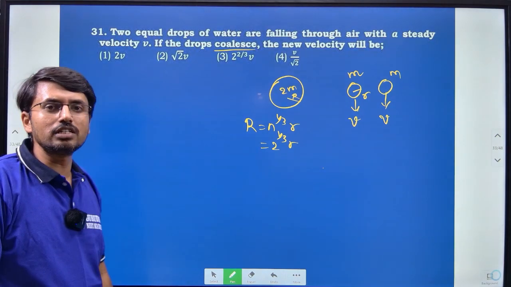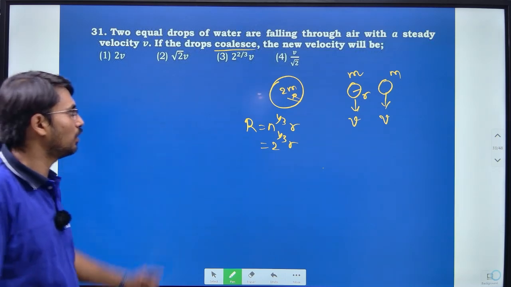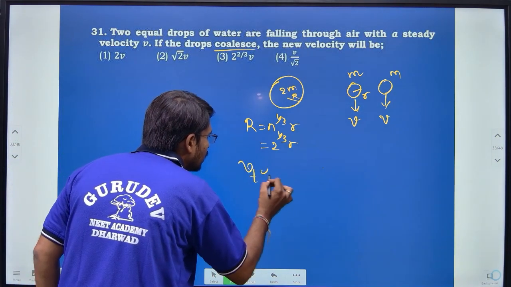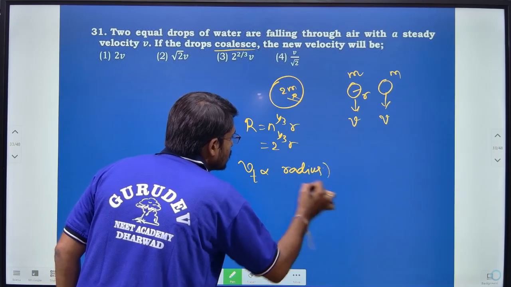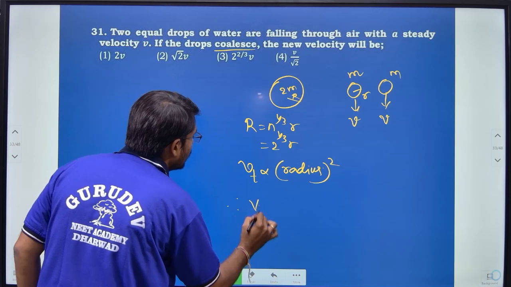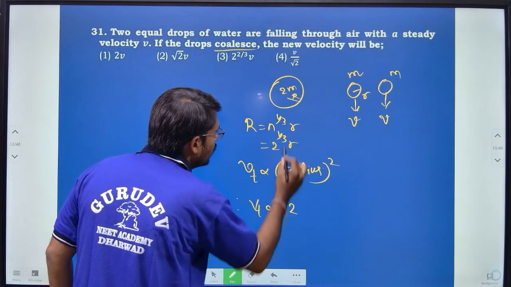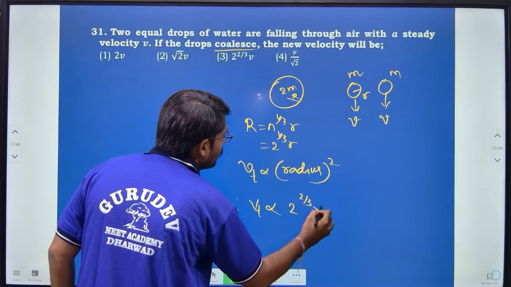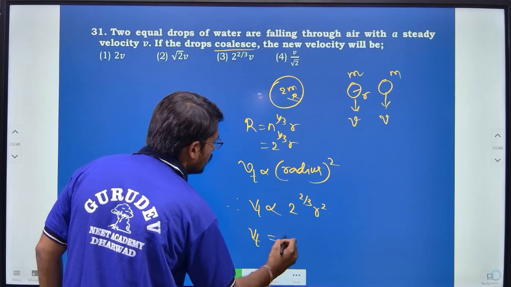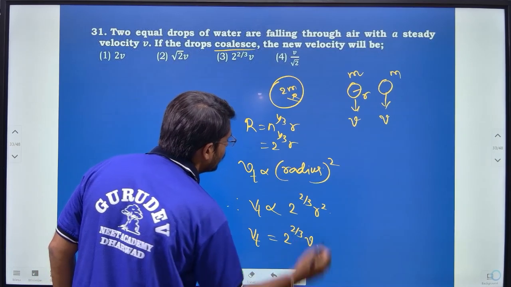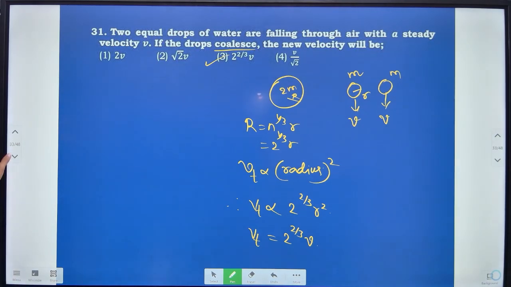The terminal velocity is directly proportional to the square of the radius. So it is proportional to 2 to the power 2/3 multiplied by r square. Therefore the new terminal velocity equals 2 power 2/3 multiplied by v. So the third one will be the right answer.